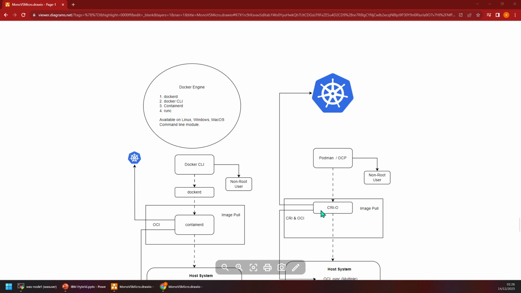Now, what is the difference here at this level of a container management solution? We are here using either Podman or OCP, and these are going to be the container manager, and in this case it's going to be Docker on this side. And then the orchestrator could be either Docker Swarm or Kubernetes itself.